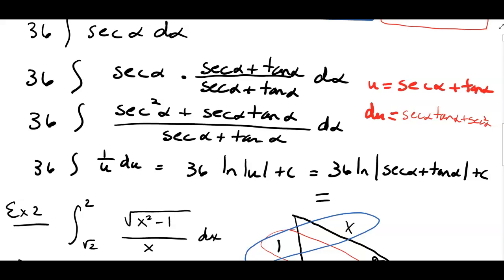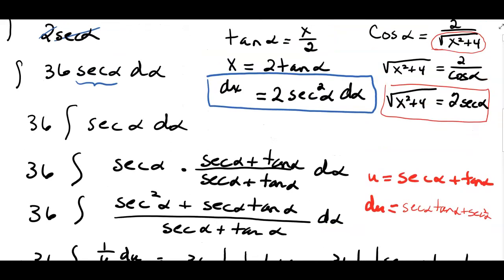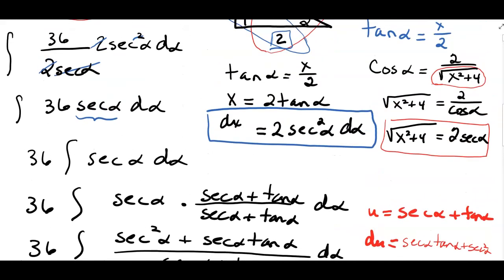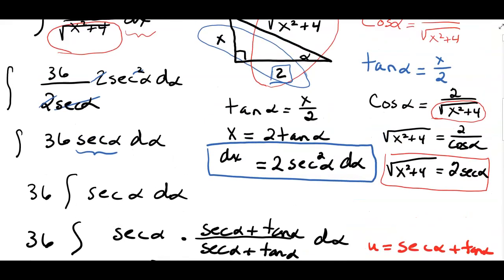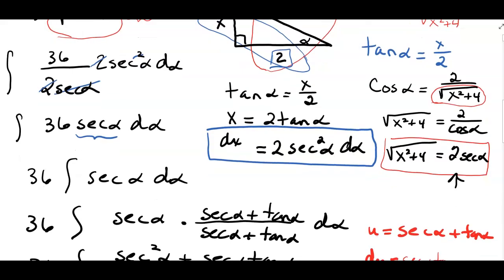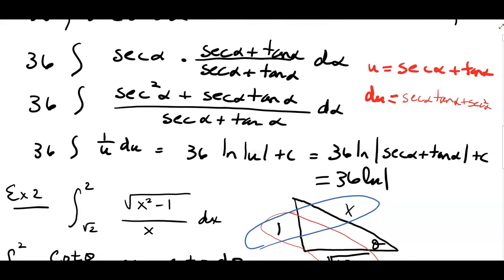So if you look back in those notes, it's actually 36 ln, and you just had to use secant and tan. So we have them right here. Tan theta and secant theta. So first one I had was secant. So secant theta you can get from right here. Secant theta is going to be your square root of x squared plus 4 divided by 2. So you're just plugging back in.